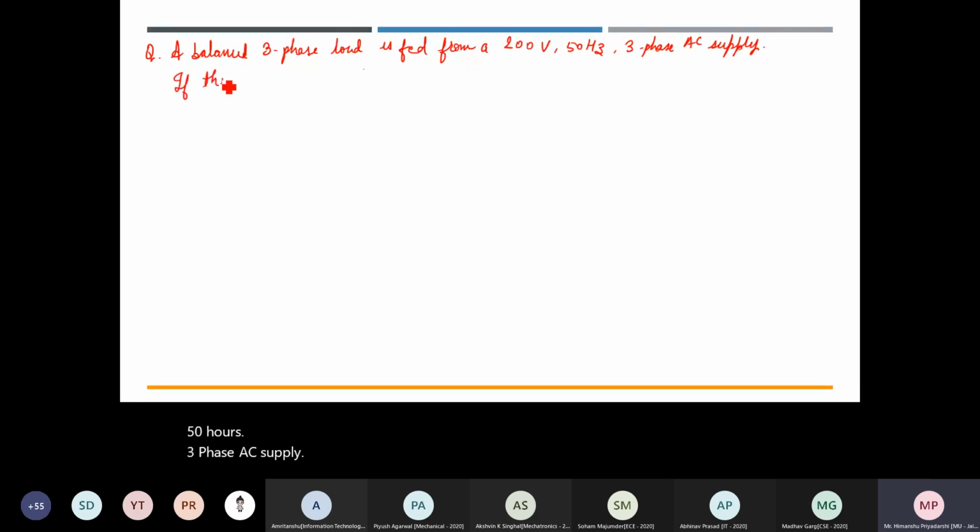If the readings on the two wattmeters are 400 watt and 300 watt respectively, find the following.